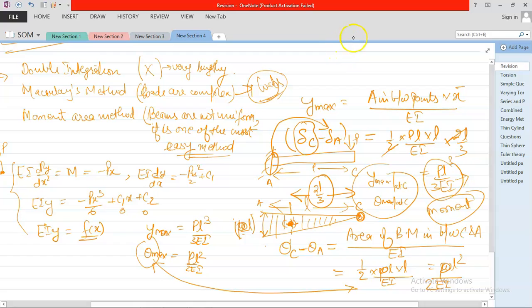So does anyone have a problem in deflection of beams? Can anyone speak of any problem, or did you understand? Please speak, then I will move ahead.